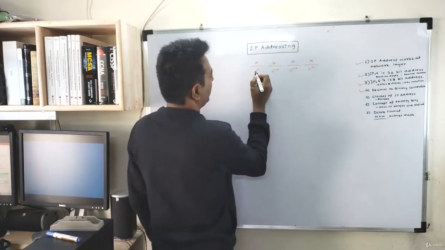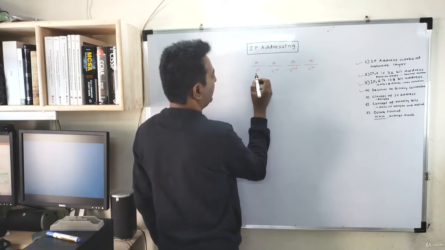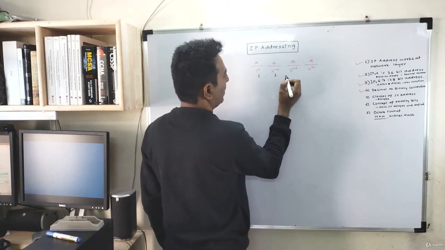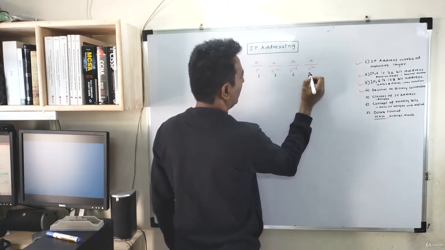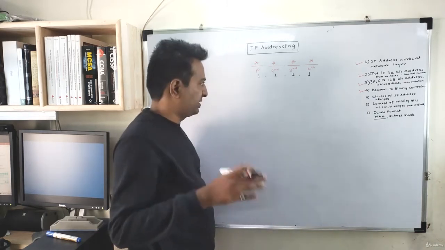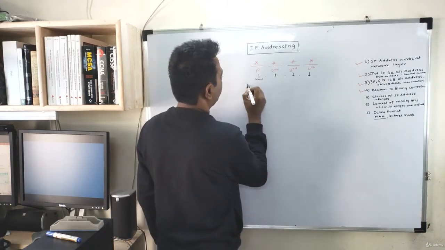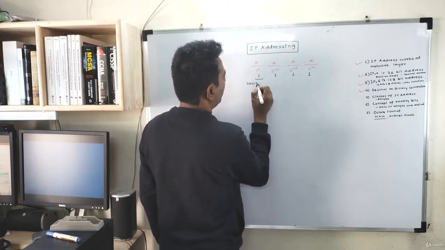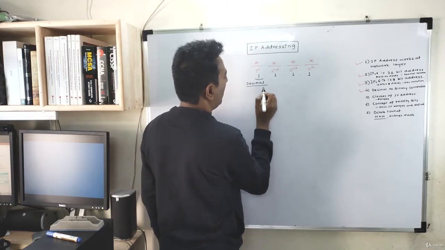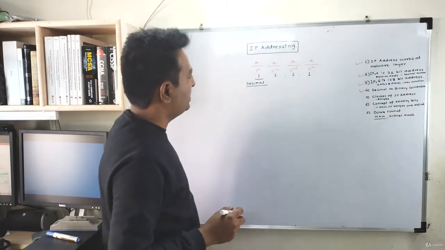So consider I have written an address 1.1.1.1. Let's take a very simple address. Okay, so this is the decimal representation of the IP address.